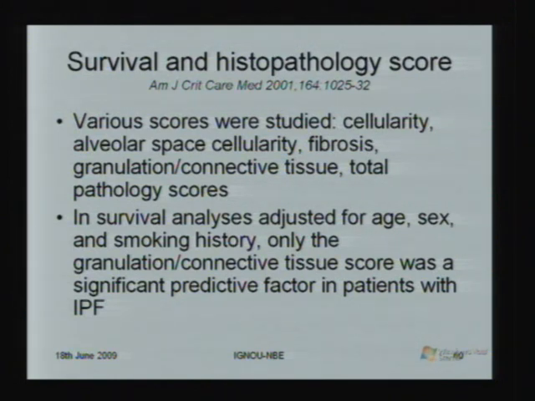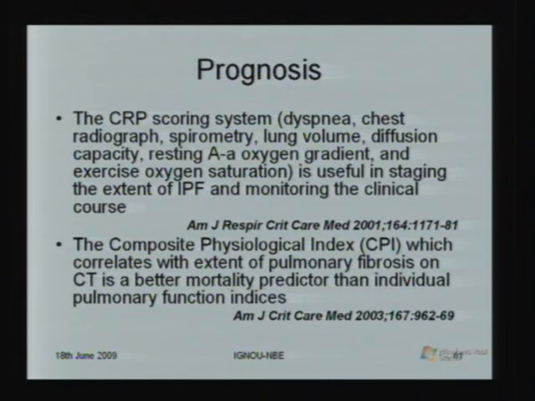The various scores were studied, like cellularity score, alveolar space cellularity, fibrosis, and granulation connective tissue score. In survival analysis, it was found that only the granulation connective tissue score was the significant predictive factor in patients with IPF.